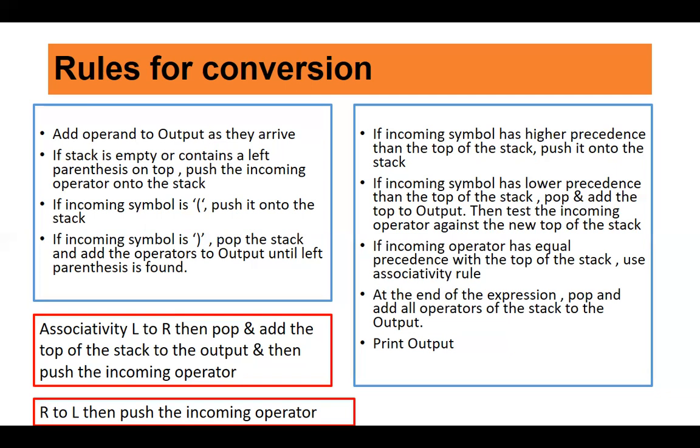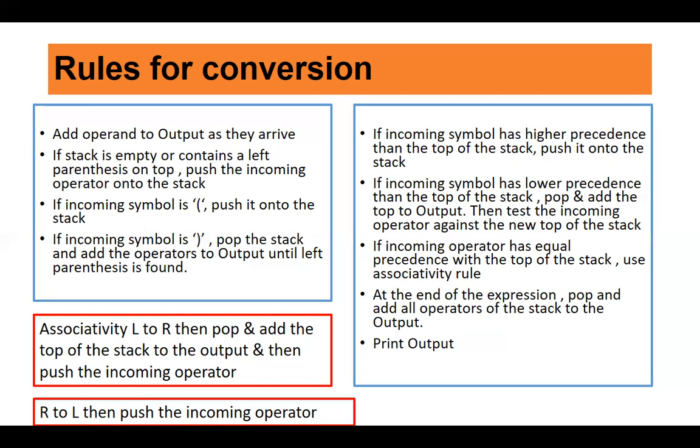The next rule says, if the incoming symbol has higher precedence than the top of the stack, push it onto the stack. Here the incoming symbol is an operator. We already know precedence and associativity; in the previous lecture, we already spoke about it.